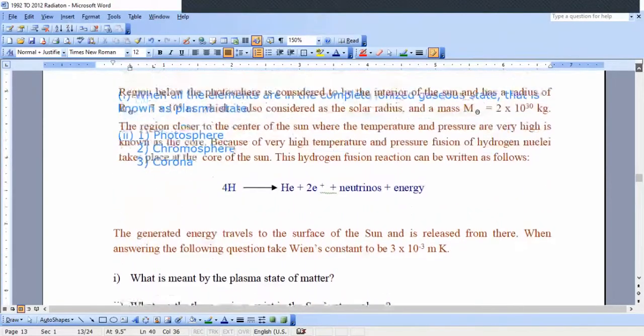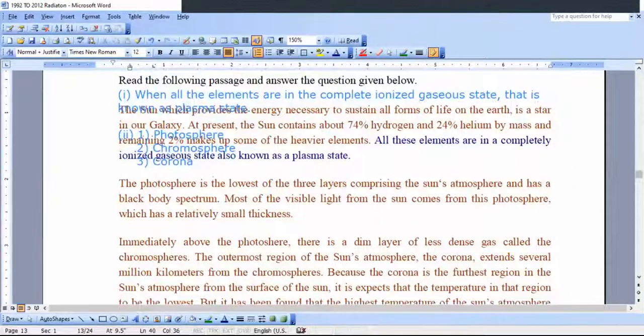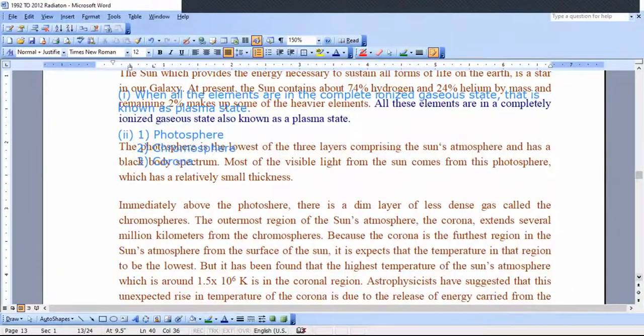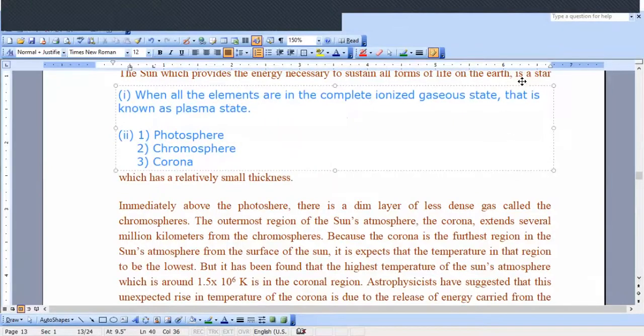So let's go there. Right. Where can we find that? Somebody, you will try. You can highlight and show me. Here, yes, very good.